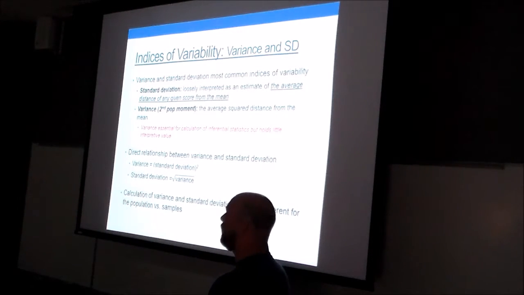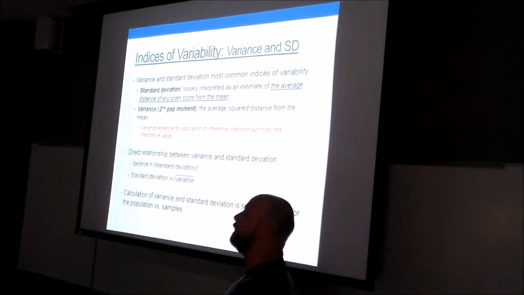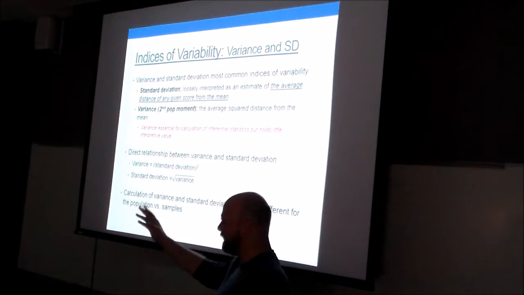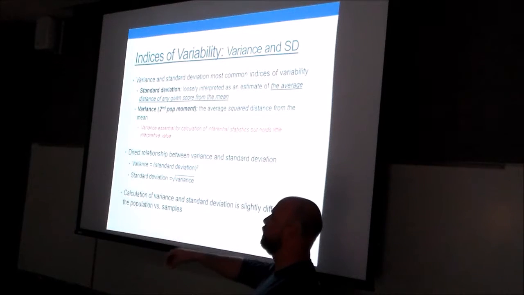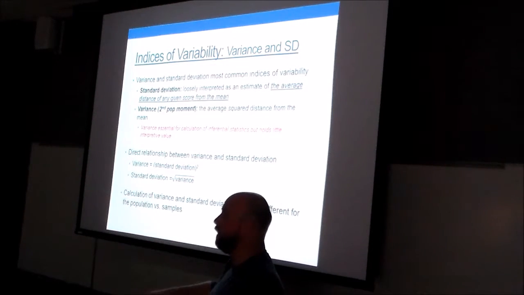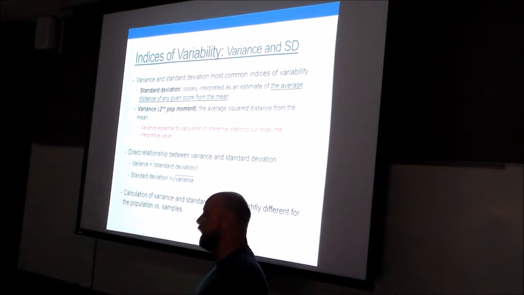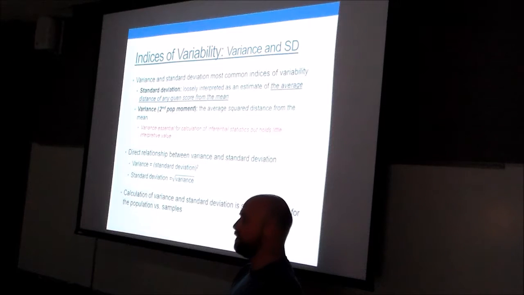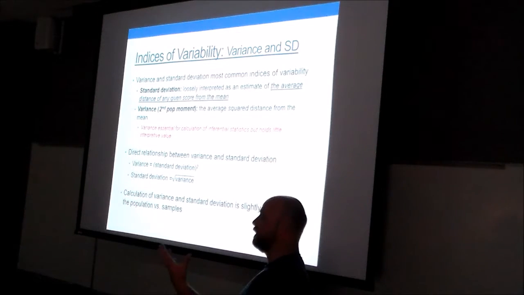So if my standard deviation of some variable is 10, what that means is, if I were to close my eyes and randomly select a score from that distribution, on average, I would expect this score to fall 10 units from the mean, right?